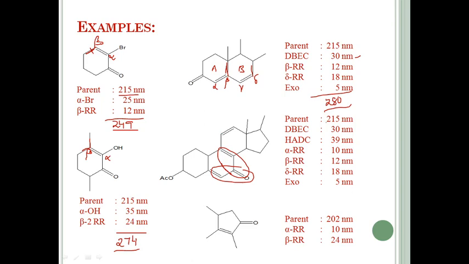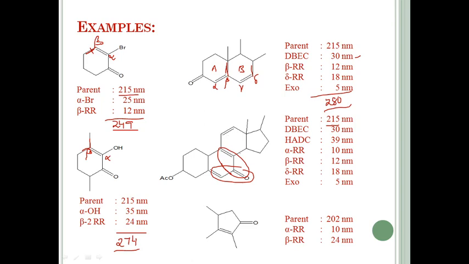So the parent system must have a 250 nanometer increment, and we are having one double bond extending conjugation, 30 nanometer. The double bond participating in the extension of conjugation and the two double bonds are present in the same ring.